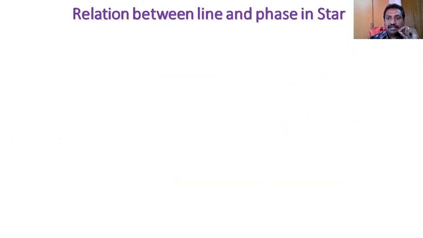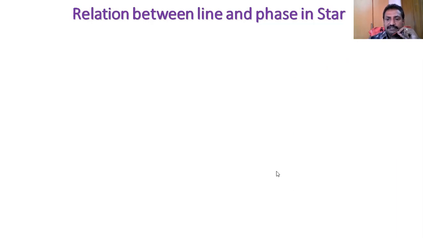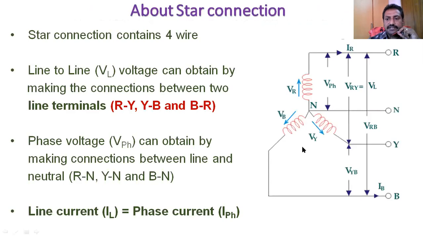Then we need the relation between line and phase voltage and currents in star connection. For this, we need the phasor representation. In this case, VRY is the reference phasor, VRY at an angle 0. VYB lags by an angle 120 degrees.